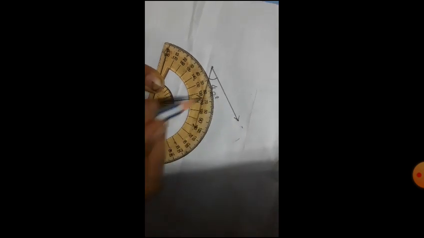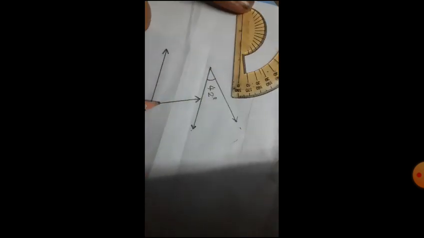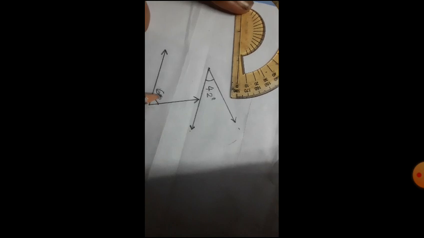So here the measurement of our angle is 65 degree. 65 degree. Got it, children?